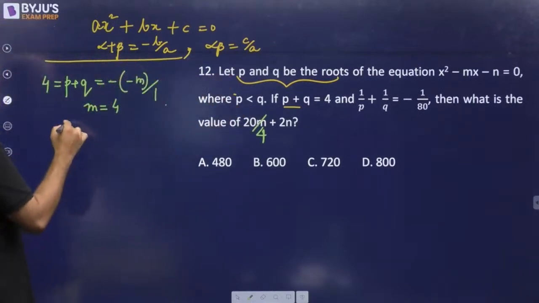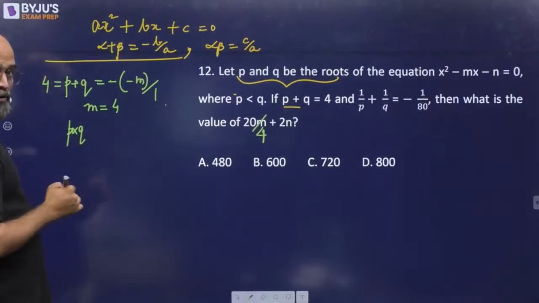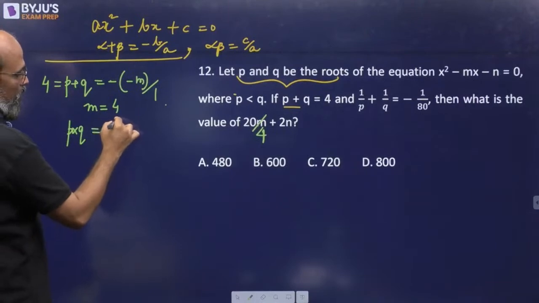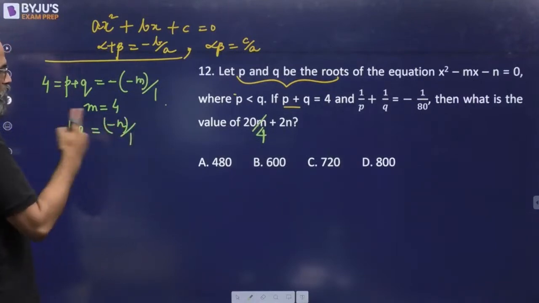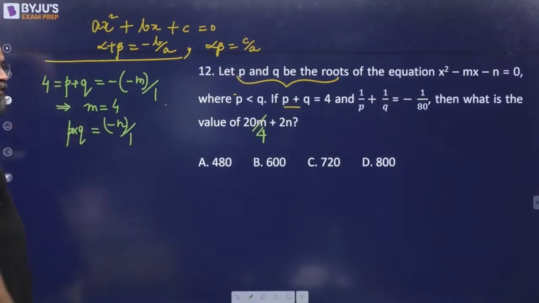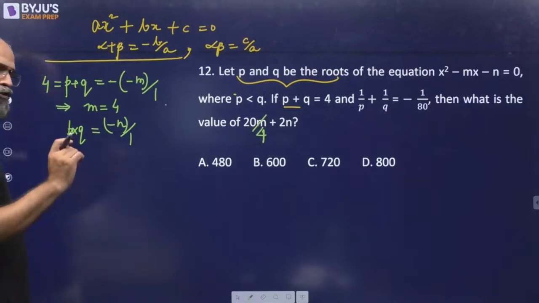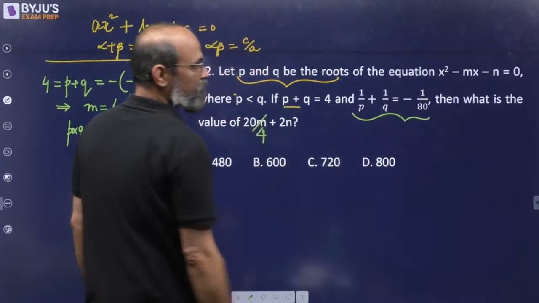p into q, as in the product of the roots, is given as c upon a, which will be minus n upon 1. But what is product of the roots given to us? We have no idea. है ना? How, from where can we find out what is the product of the roots? इधर से.